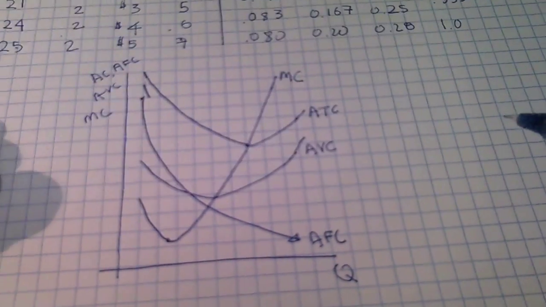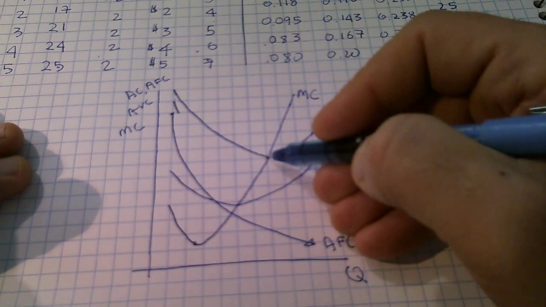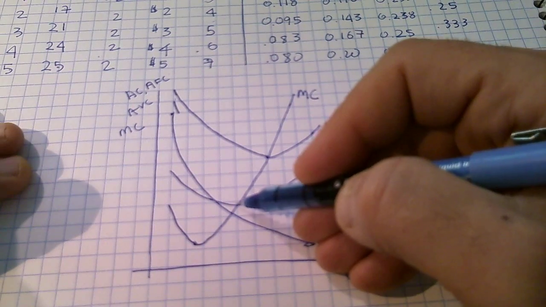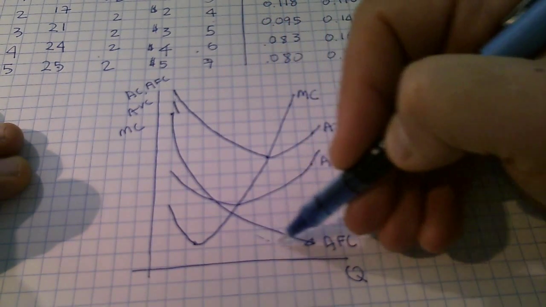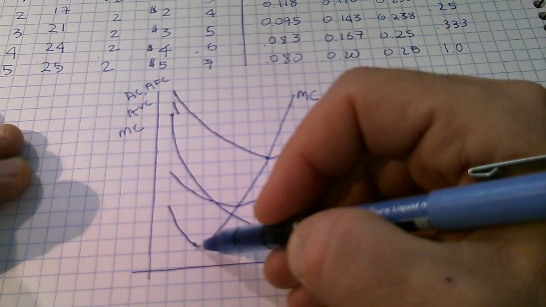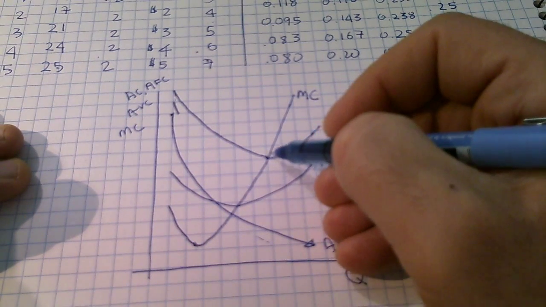Okay, so the idea here is that average total cost falls and then starts rising. Average variable cost also falls, reaches a minimum and then starts rising, and average fixed cost tends to fall throughout. Marginal cost falls initially due to increasing returns and then starts rising due to diminishing marginal returns.